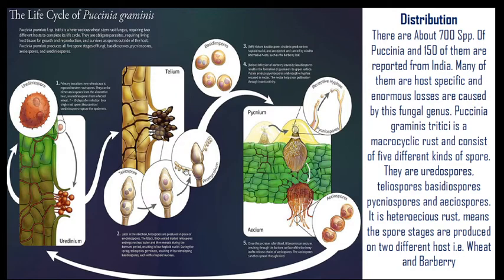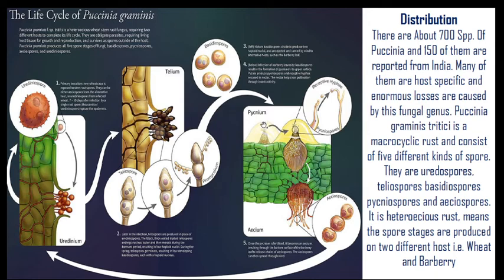So these are single filaments which develop into a mycelium, and the teliospores germinate into basidiospores. Those basidiospores again infect the barberry plant, and within that barberry plant there is a development of 2 different types of spores, that is pycnium developing into pycniospores, and aecium developing into aeciospores.